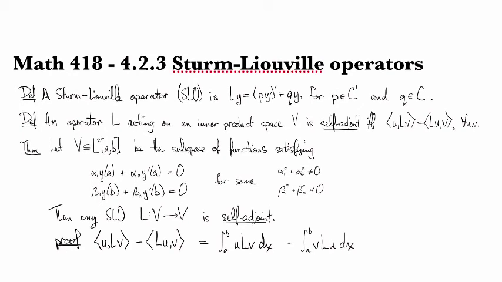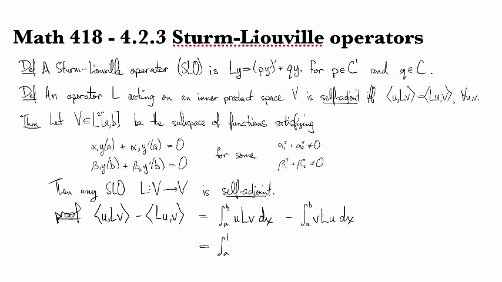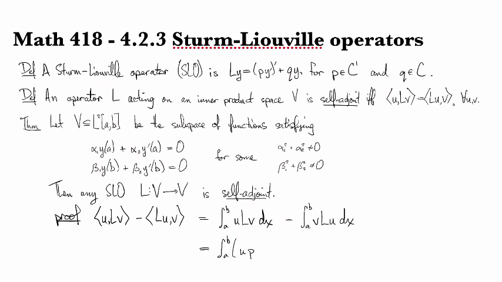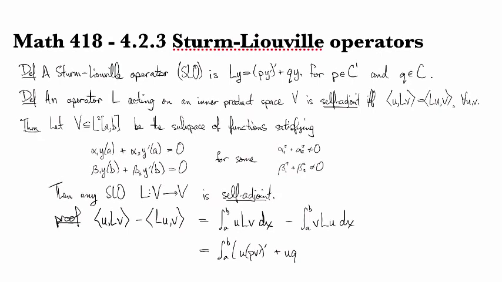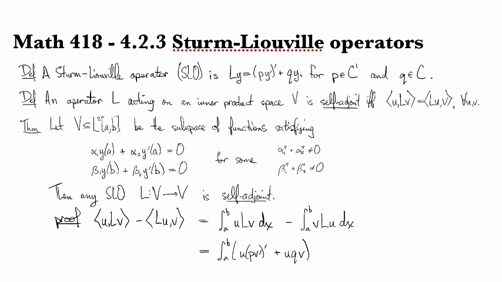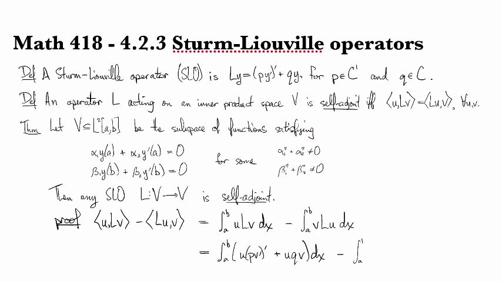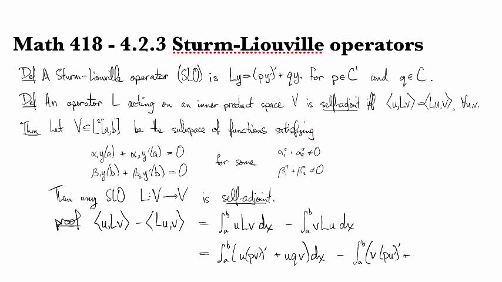If I now put in the operator there, then the first one is u times (p v prime) prime plus u q v. And then the second one is v times (p u prime) prime plus v q u.